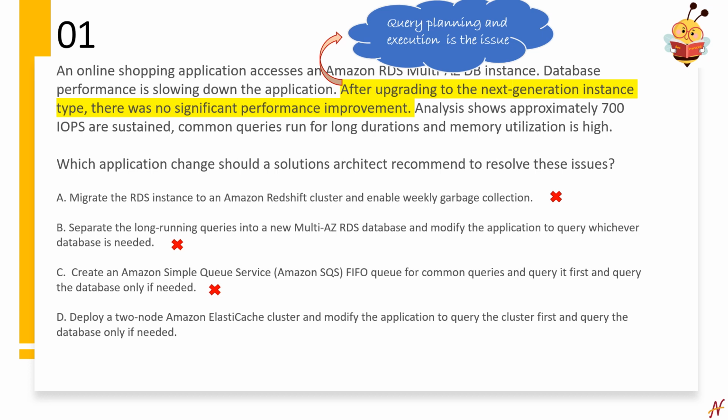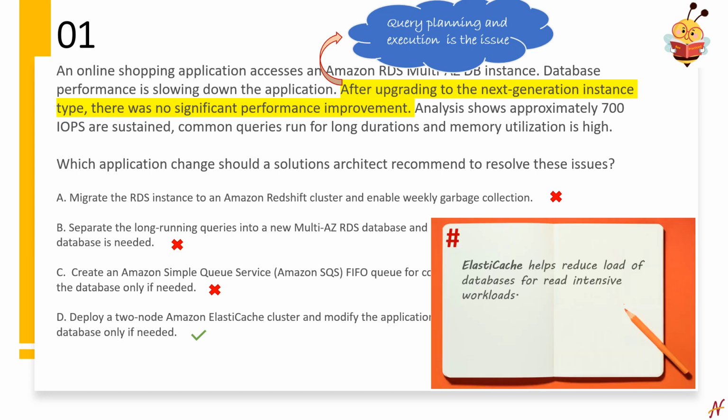And since the issue is mostly due to memory, if we apply the caching technique, it will be the best solution for this particular scenario, right? So this is the right answer. And if you want to get to know about the hints, this is the hint.